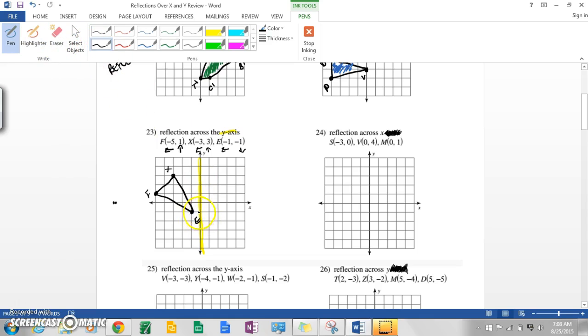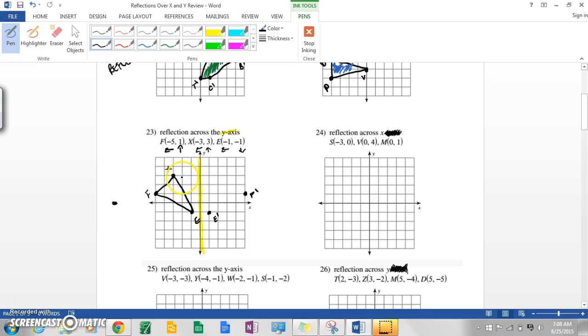So let's start counting the distances. E is 1 unit away from the y-axis. Okay, so E prime is 1 unit away from the y-axis. F is 1, 2, 3, 4, 5 units away from the y-axis. So F prime is going to be 1, 2, 3, 4, 5 units away in this direction.